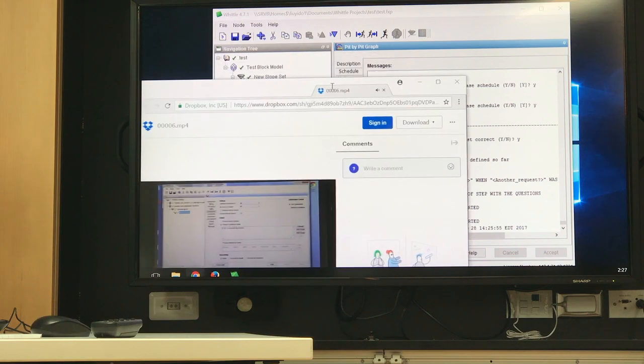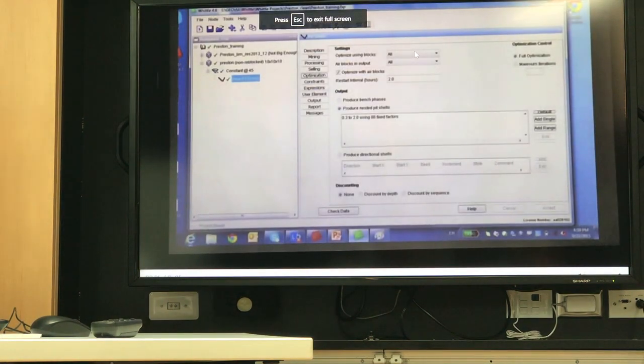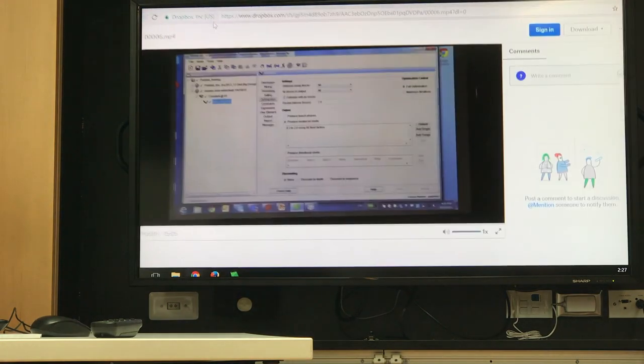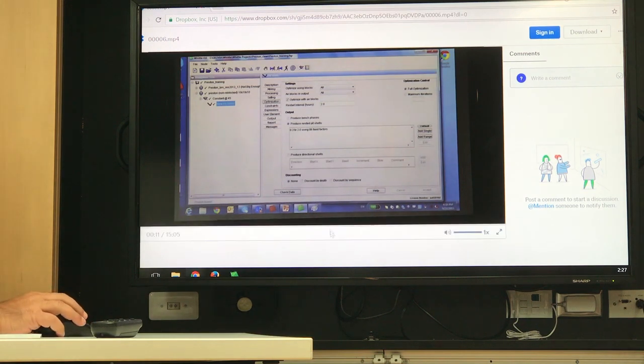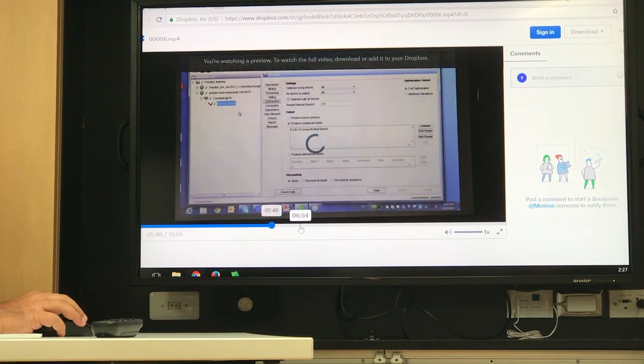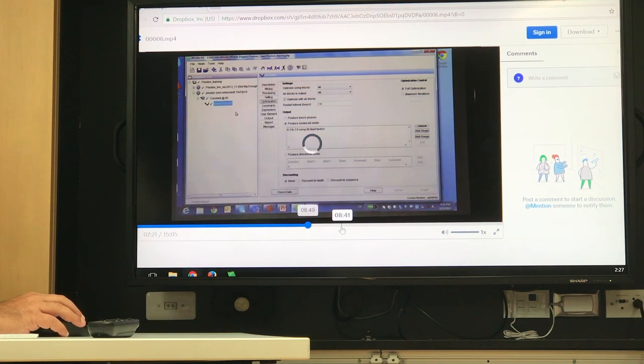Can we bring it? No, it seems we need to go to, so this is exactly the same example that I'm showing. It was done 2 years ago. Wow.